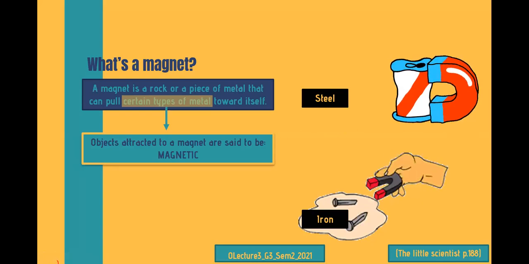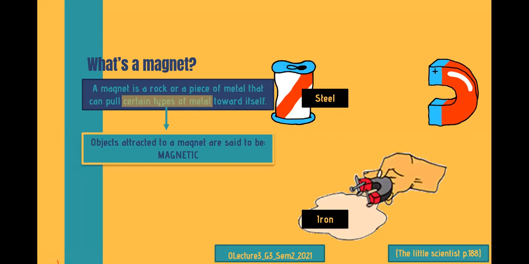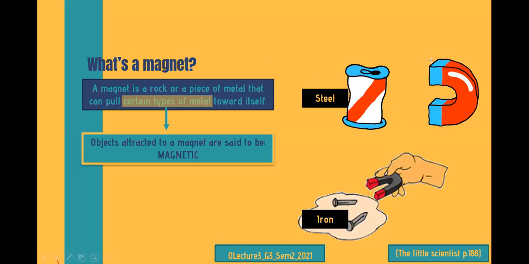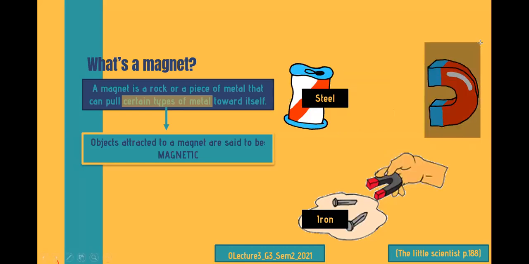So again, we're talking about magnets. These are magnets, and they are objects that attract other things to them. They attract metals to them. What are two examples of metals attracted to a magnet?